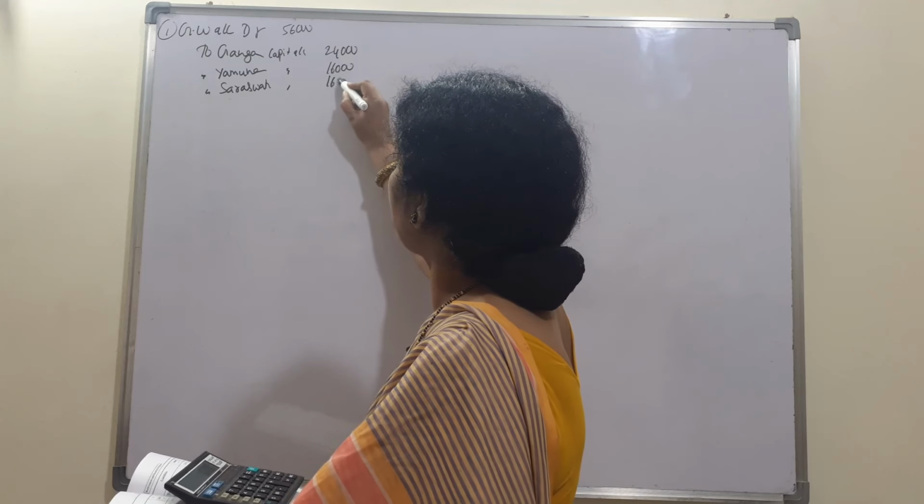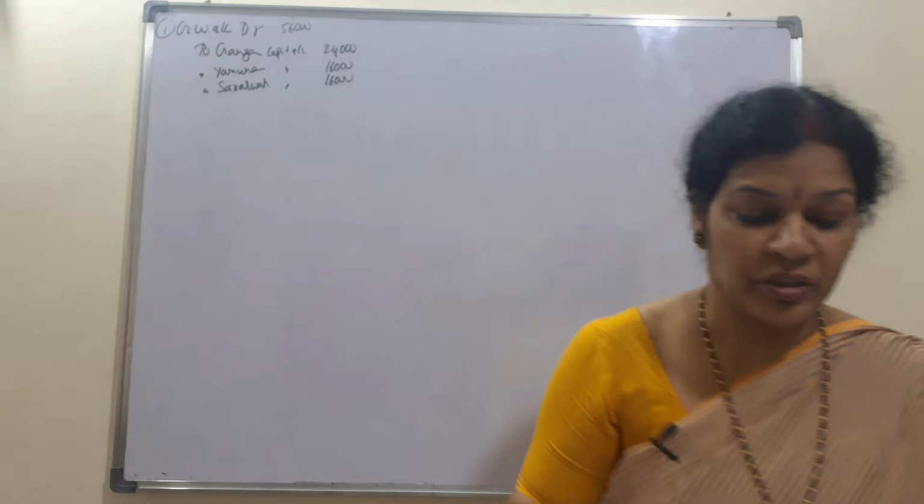So Saraswati also 16,000. So this is about the distribution of goodwill.